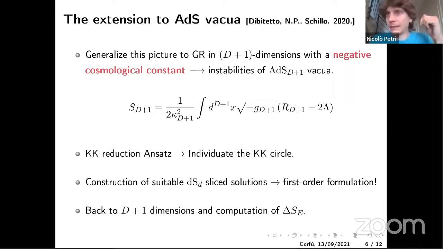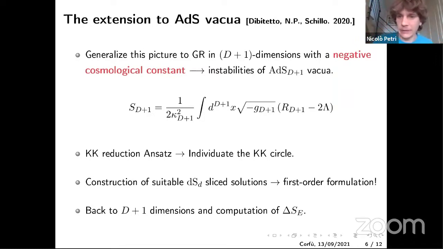The best way to do that is to write down this D plus 1 dimensional space-time using the KK reduction ansatz. In this way, we can pass to D dimensions and work out some de Sitter geometries that produce all the properties I told you about before in the 5-dimensional case, to reproduce a bubble of nothing. So what is the difference with respect to the previous case?